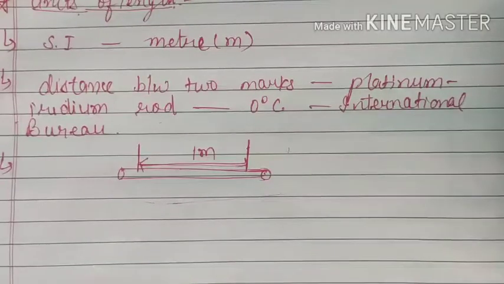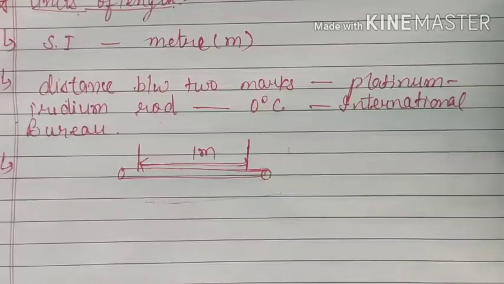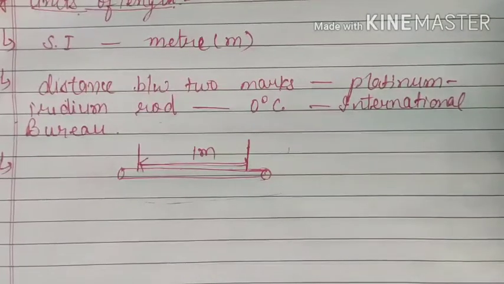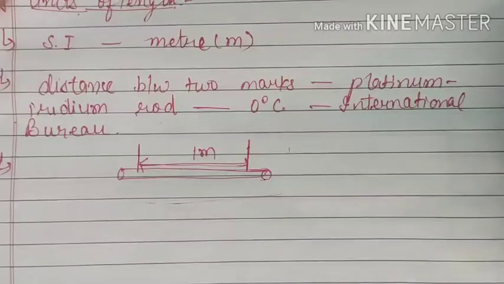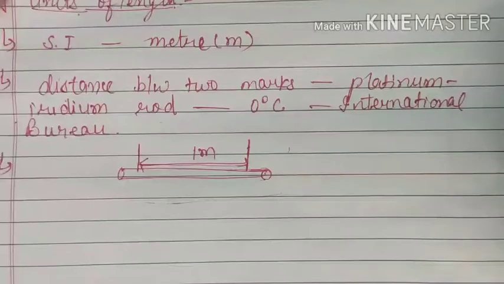Next you can consider why platinum iridium only, because we have already learned many things about silver, gold and platinum, and maybe you are now learning about them in chemistry. From the point of view that rusting should not be there and no other disturbing factor must be there, we have selected platinum iridium, which will be affected minimally by moisture, rusting and all these things.